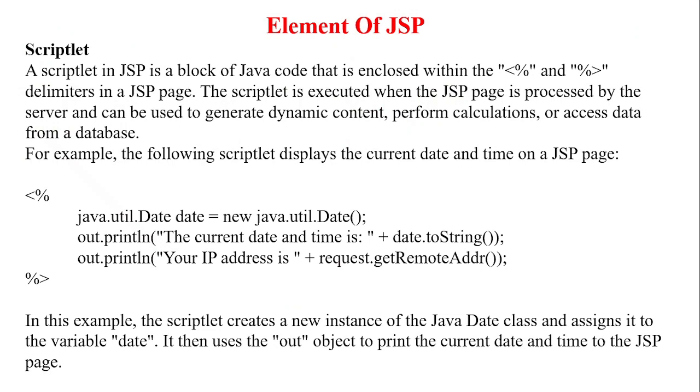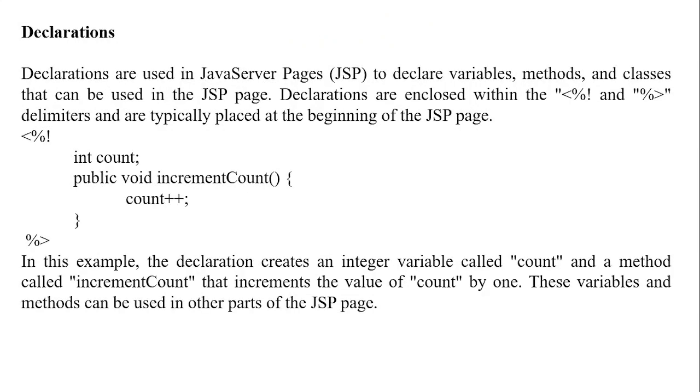Now the second element of JSP is declarations. This is also one of the most important elements of JSP. With a scriptlet, we write some Java code, and a declaration is used in a JavaServer Page to declare variables, methods and classes that can be used in the JSP page.